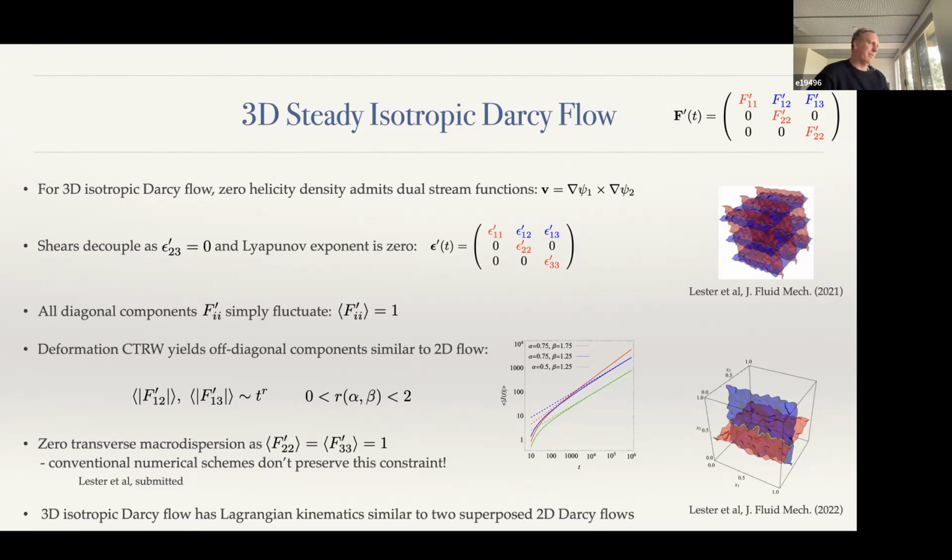So there's a lot of danger to generate spurious results and then interpret that as representative of reality. So at the end of the day, 3D isotropic Darcy flow has the same kinematics as just 2 superposed 2D flows. And so from the basis of that, we'd say these aren't very good models of real porous materials.